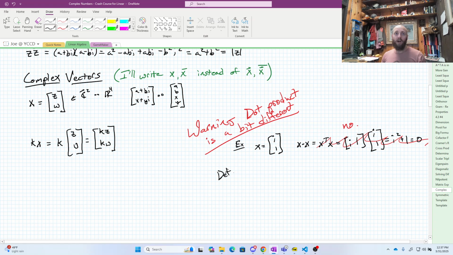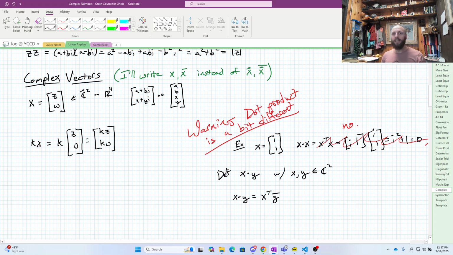If I'm taking a vector x dotted with a vector y, where x and y are two-dimensional complex vectors in C2, the way I'm going to do this is I'm going to say x dotted with y is x transpose times y conjugate.